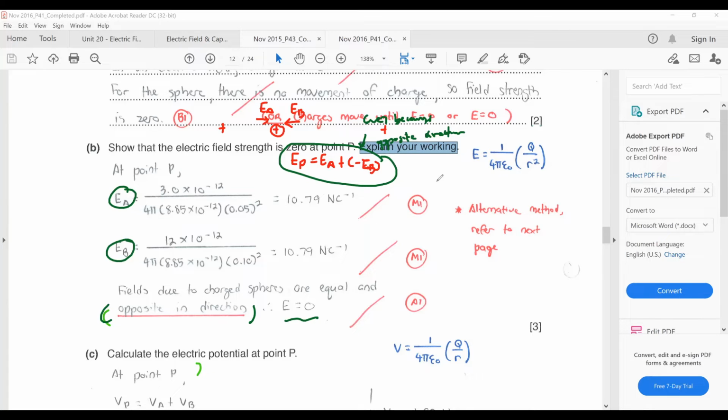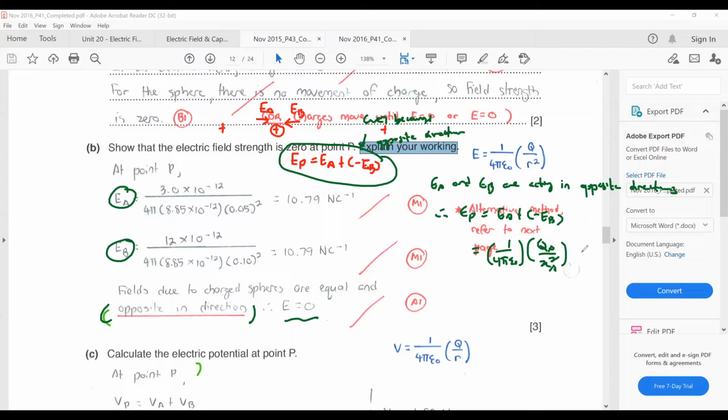This one you will just have to say that EA and EB are acting in opposite directions, therefore EP is EA plus with negative EB, so you get 1 over 4 pi epsilon naught QA over XA square minus 1 over 4 pi epsilon naught QB over XB square. So in your case here, if you do it like this, you will eventually get back the answer as 0.